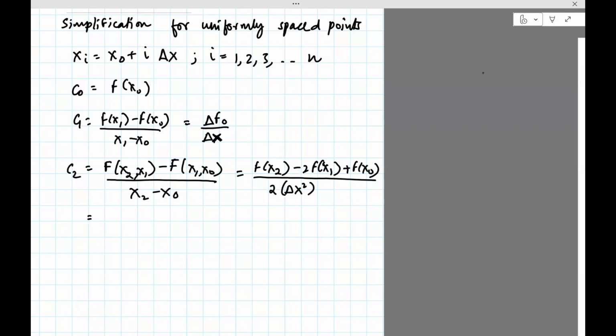I'm going to simplify this. This is essentially the forward difference formula, delta square f of x0 divided by 2 factorial delta x square. So we've obtained what we got in the differentiation part of the course.